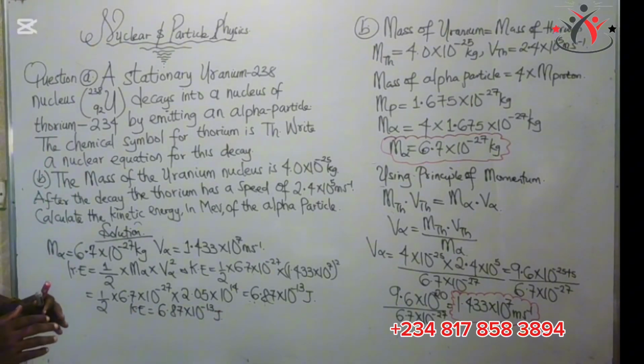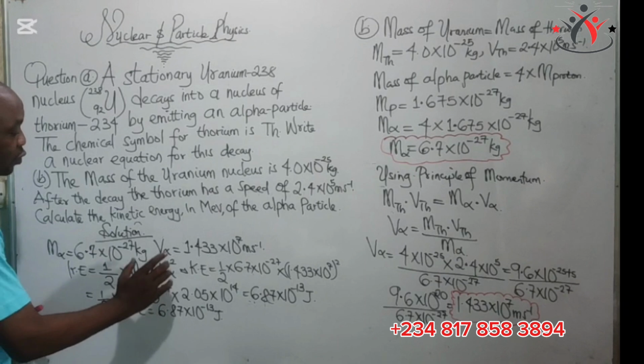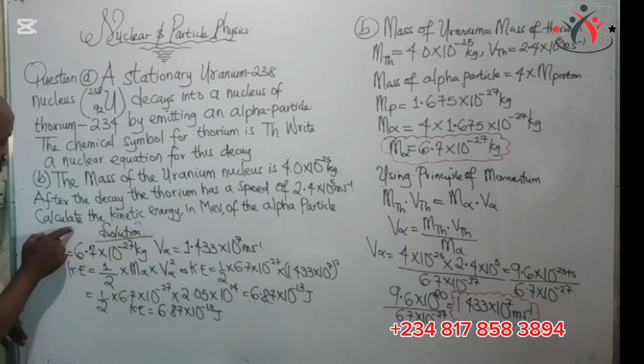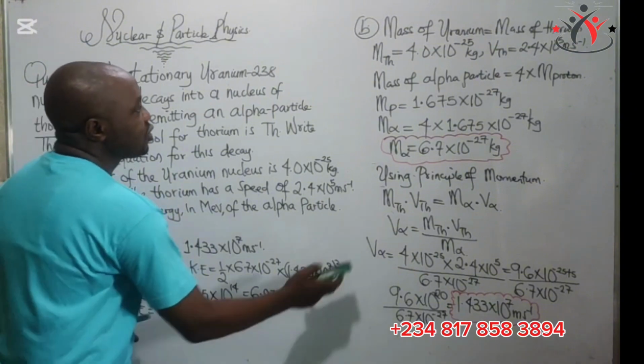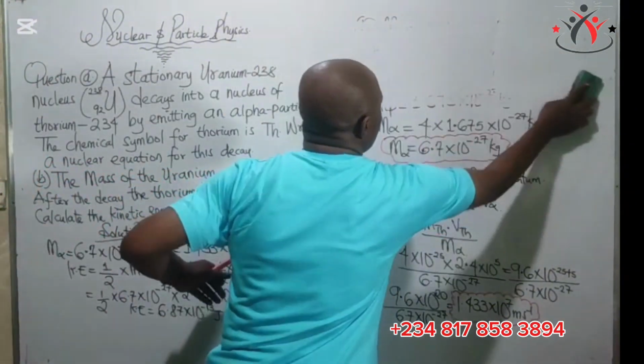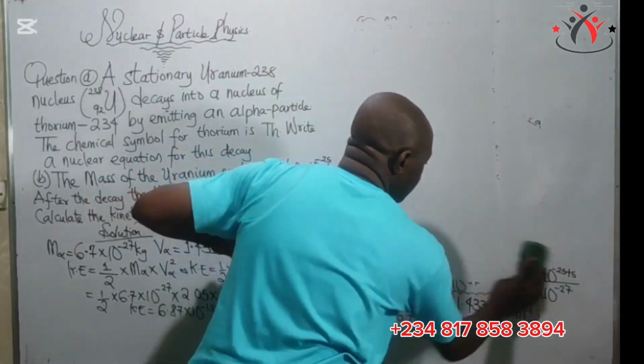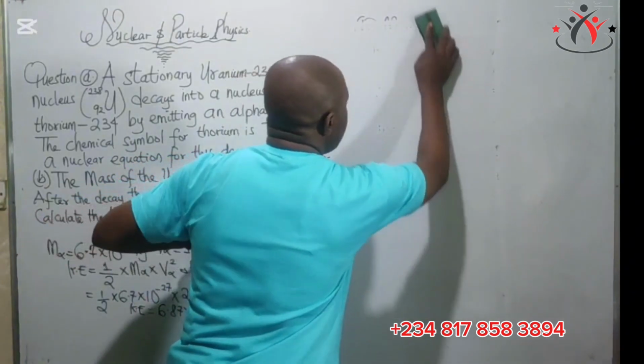Now we're almost there. Remember, the unit of energy must be in mega electron volts. Now, what is 1 mega electron volt?